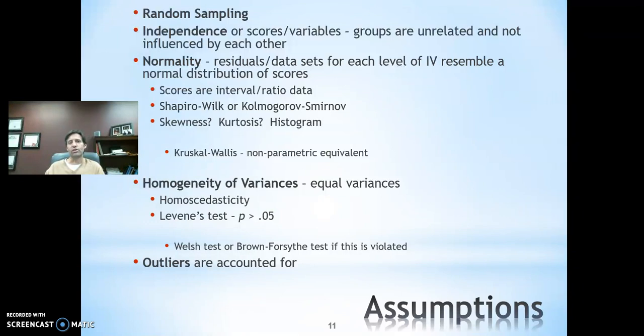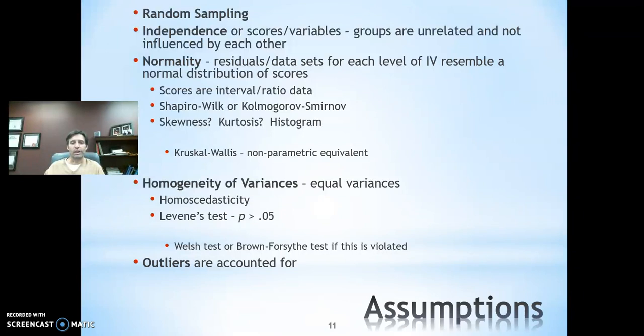Now you have some tests that you can conduct to look for this normality. You have the Shapiro-Wilk or the Kolmogorov-Smirnov. You can also take a look at some exploratory statistics, which I think Takanobu will do. You can look at skewness and kurtosis. Also, produce a histogram to see how the scores are distributed.